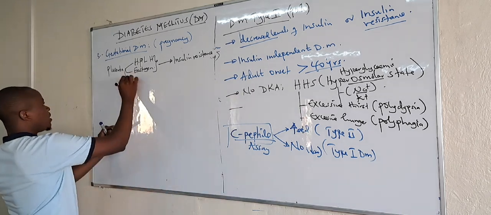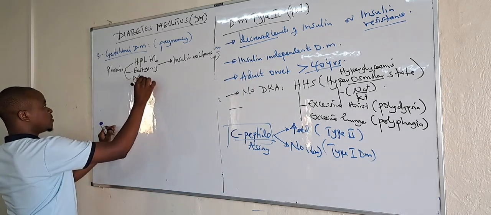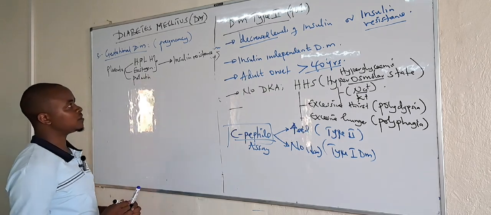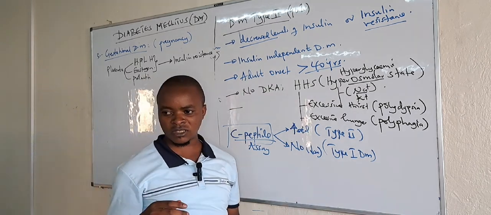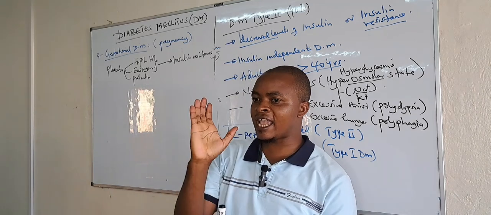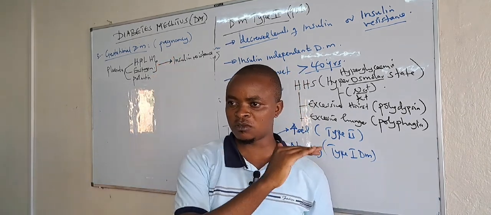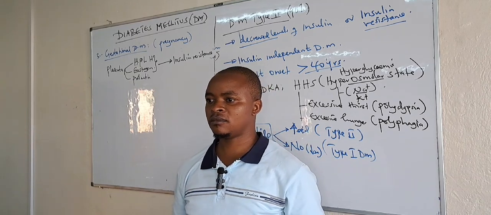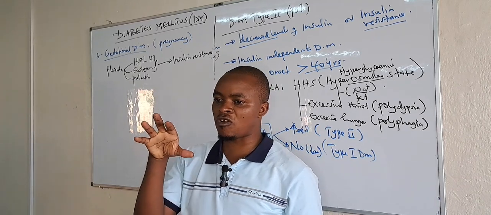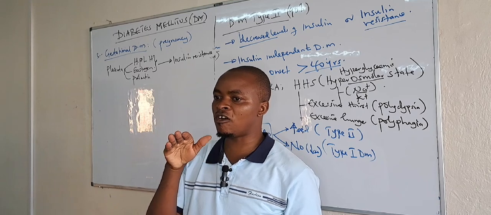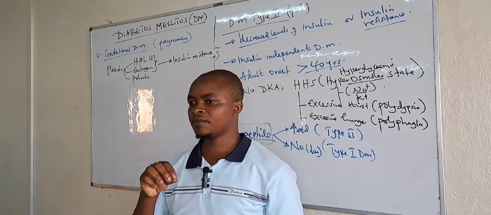Don't forget prolactin. So high levels of these hormones induce insulin resistance. When they are high in the blood, they antagonize the action of insulin. So insulin is no longer doing its work of enabling glucose to enter into the cells.